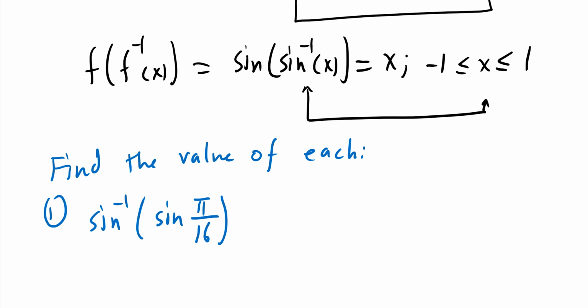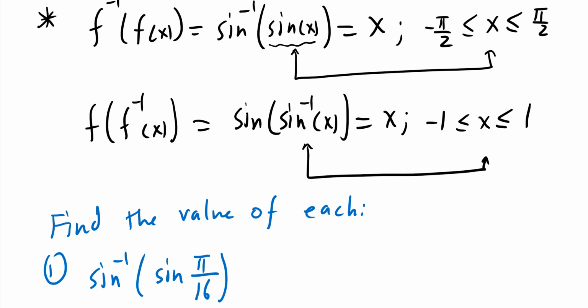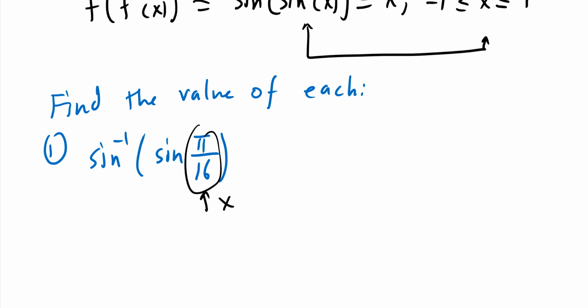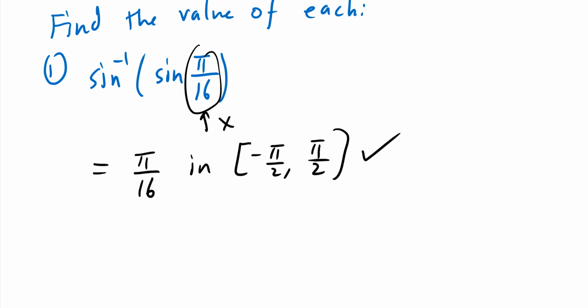It looks like the first one. Does that equal x? The value they give me is the x value. Is that between negative pi over 2 and pi over 2? Yes, it is. So I can simply say this equals pi over 16, which is in the interval. This is okay.